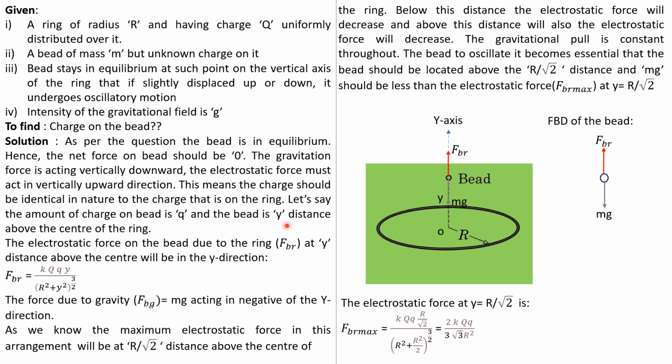Let us say the bead is y distance away, above the center of the ring O. The electrostatic force on the bead due to the ring, which we have notated as F_BR, where B stands for bead and R stands for ring, can be read as the force on the bead due to the ring.